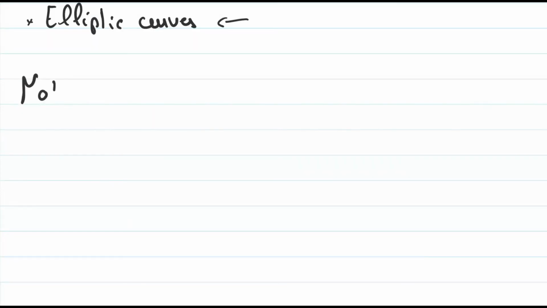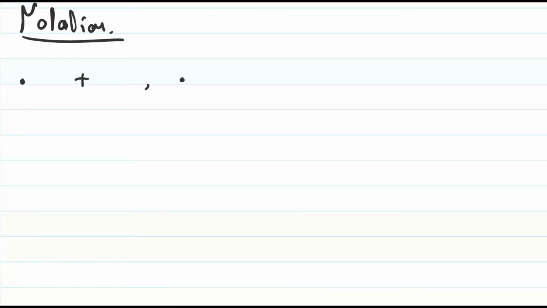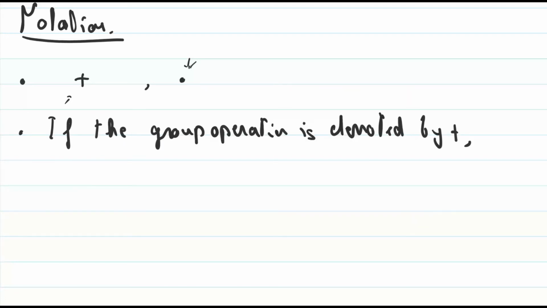Notations. As you realized, often the operation of the group is denoted by plus or by multiplication. Many different operations are denoted by plus, and many other different operations, as we saw, are denoted by multiplication, this times. Now, if the group operation is denoted by plus, we say that the group is additive.